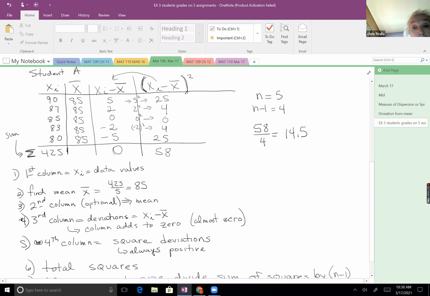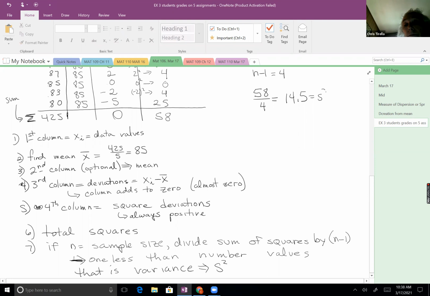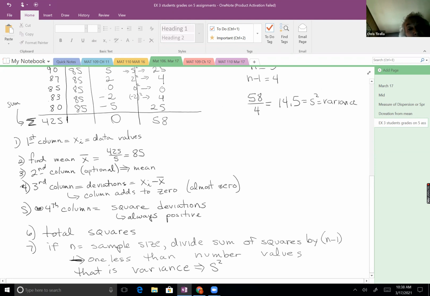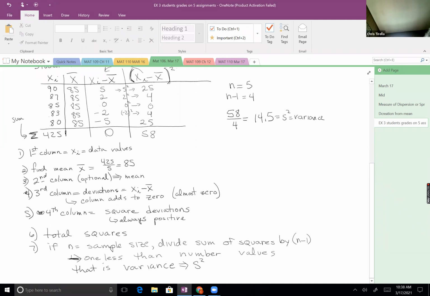That number is the variance. And the symbol for the variance is s squared. I want to try to fit this all on one screen, but if I shrink it down, am I making it too small for you folks to read, or can you still see what I'm writing?